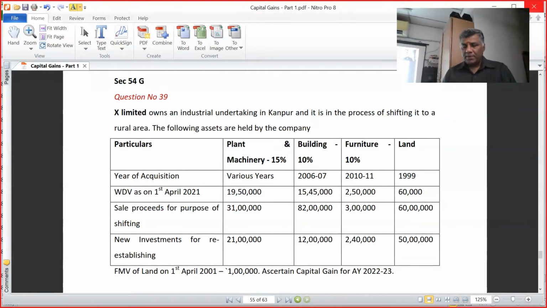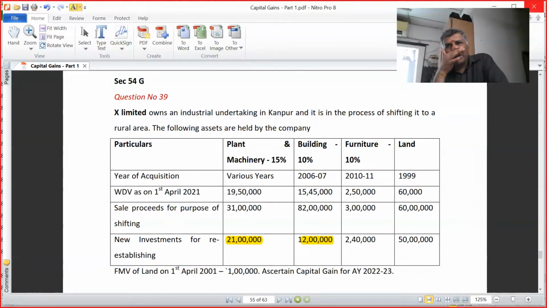Now, what are all the investments that will qualify for exemption? This 21 lakhs will qualify. You accept with me? This 12 lakhs will qualify. You accept with me? This 240 will not qualify. This is the point you should see: furniture is not for computation.